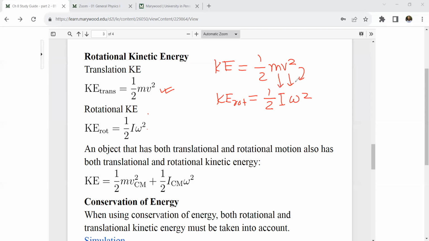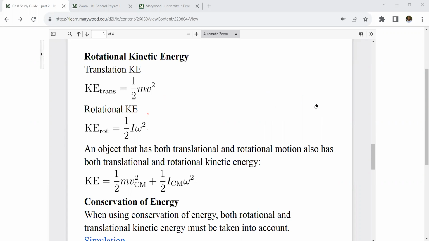Just by replacing the linear quantity with the angular quantity, you can write the kinetic energy for the rotation. The unit is again a joule. This is a scalar quantity because all energies are scalar, and all energy should have the same unit, so its unit is also joule.